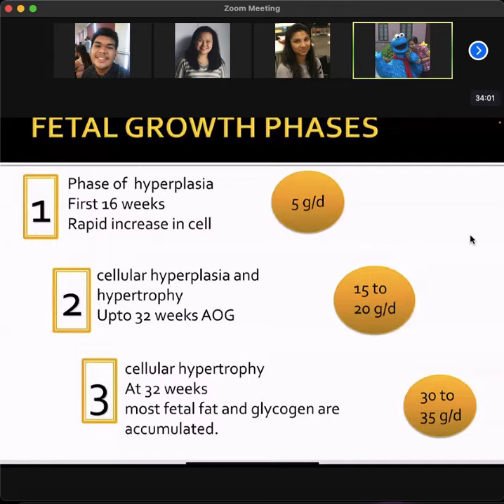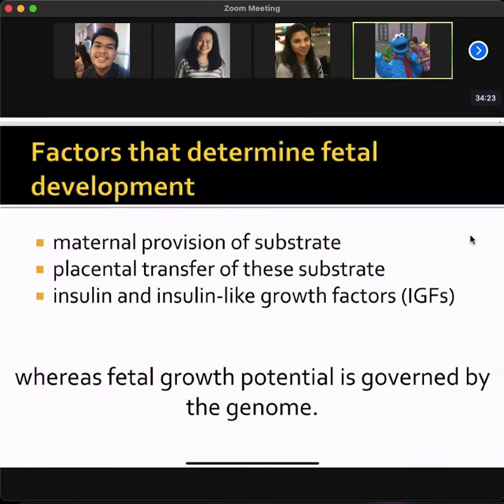There is accumulation of fetal fat and glycogen. This is also the phase of maximal fetal growth, wherein there is 30 to 35 grams per day expected increase.